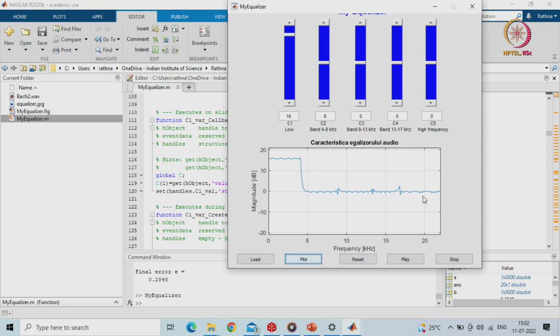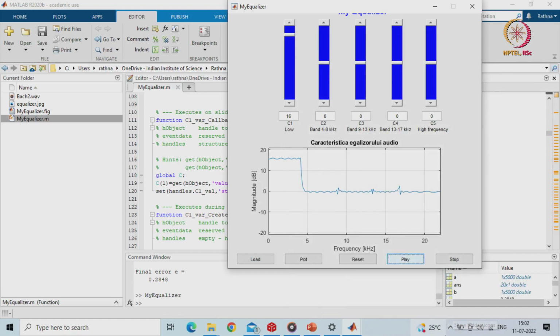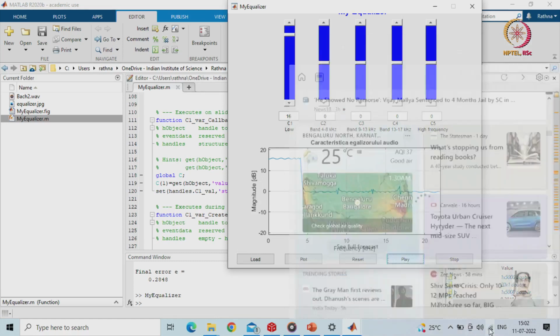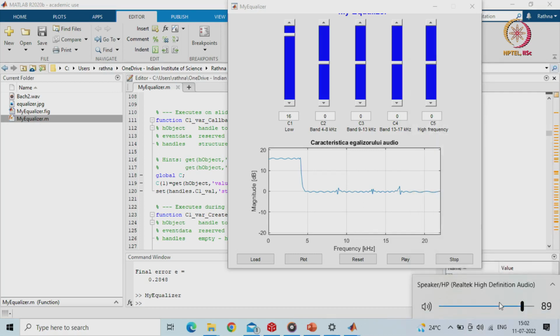So, we will try to play. You can see how loud it became, because more of the low frequency content is what it contains.